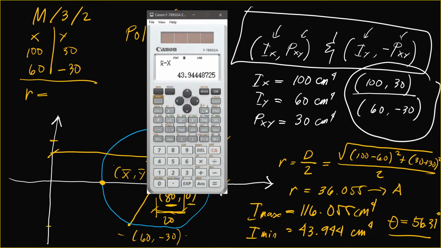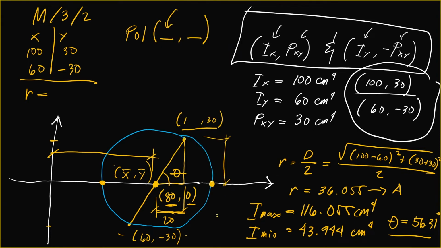Okay, so looking at the figure, this Mohr circle, what is the maximum product of inertia? Looking at the Mohr circle, what do you think is the maximum product of inertia? It is 36.055, the radius.